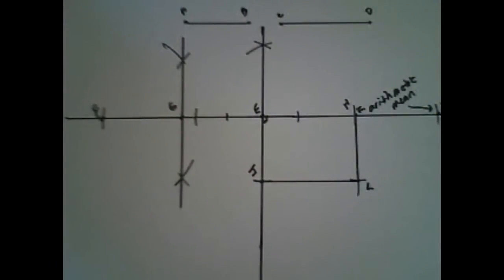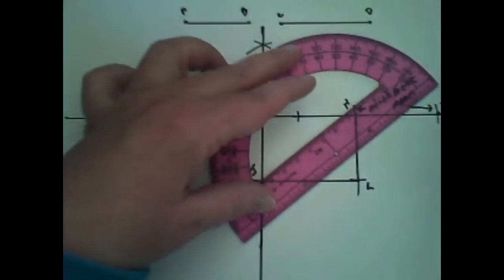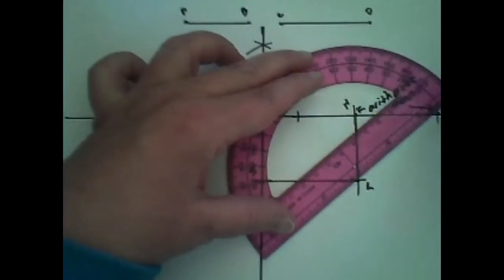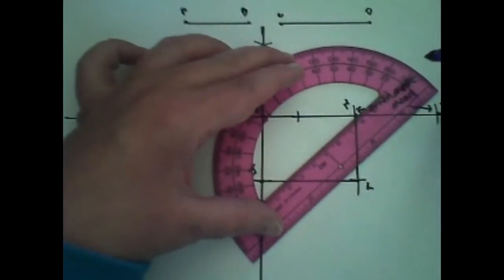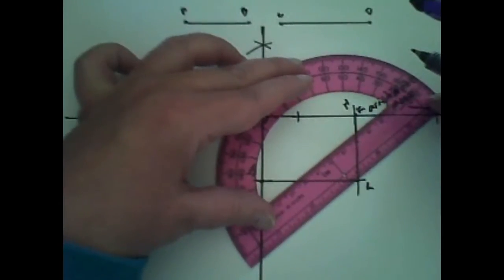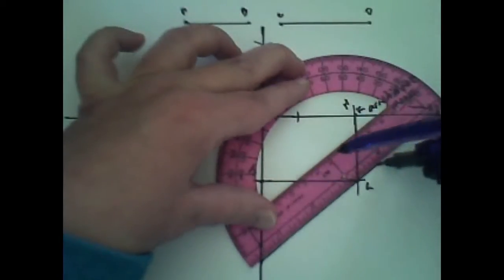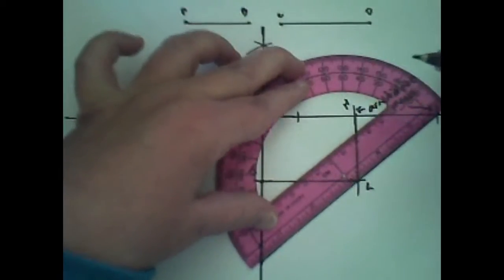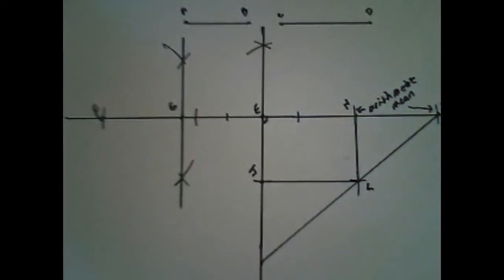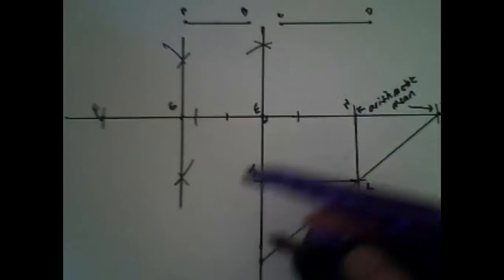All right, believe it or not, we only have one more thing to do, and that is we are going to connect up with a line segment, point K and point L. Just like this. Okay, so somewhere in that picture is the harmonic mean. The harmonic mean is actually from this point to this point.